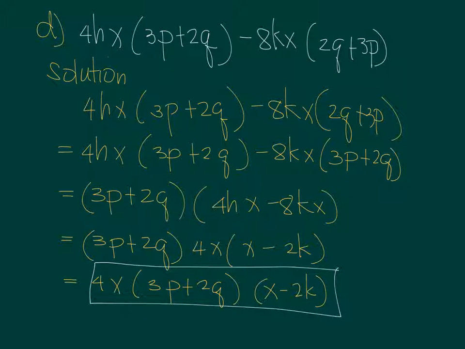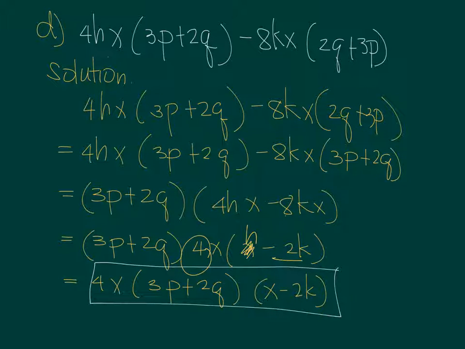So that means you could still factor this into 4x, again 4 coming from 4 and 8, and x being the same variable from hx and kx. So if you factor out 4x, if you remove 4 and x, you have h. And then if you factor out 4x from 8kx, that's 8 divided by 4, that's 2, so you have 2k.